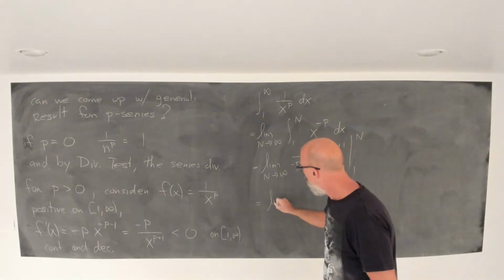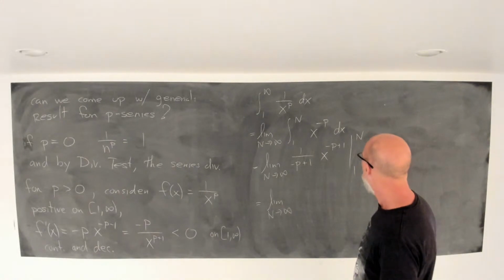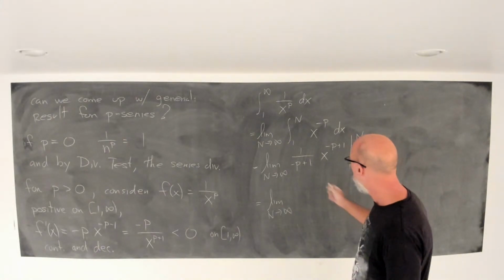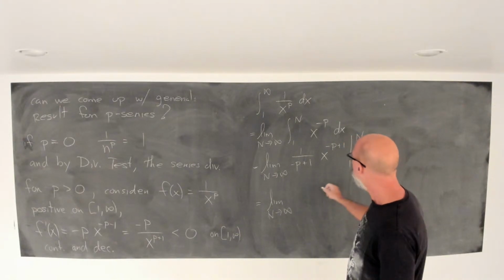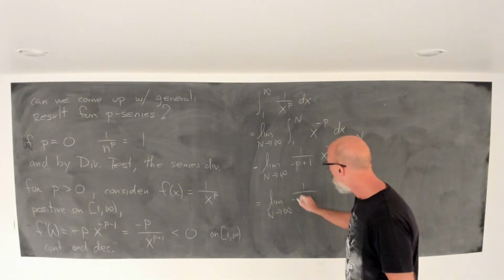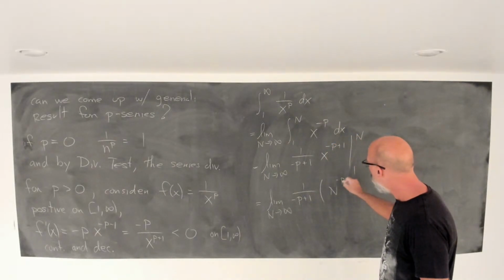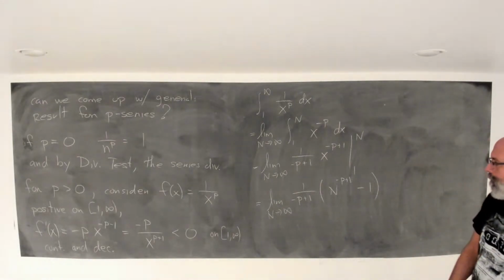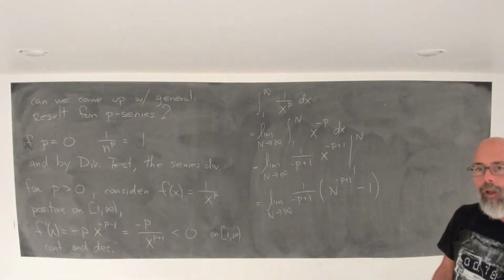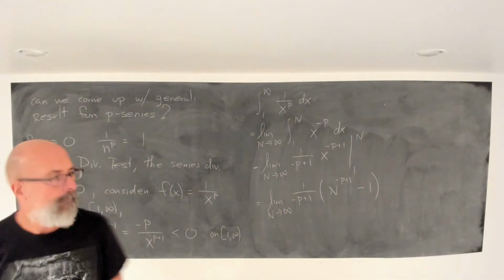Which is 1 over minus p plus 1, n to the minus p plus 1, minus 1. And we're looking for the limit as n goes to infinity.